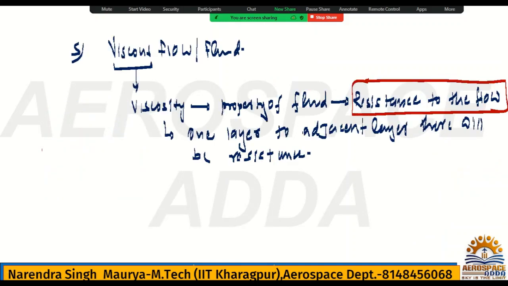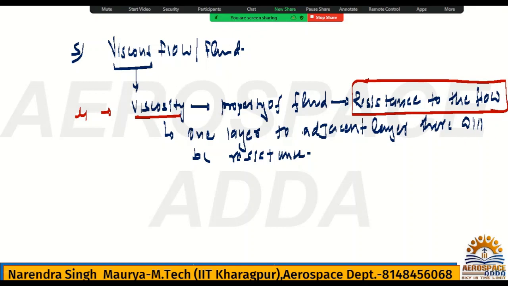Resistance to the flow indicates viscosity, denoted by mu. Two types of viscosity you have: dynamic viscosity and kinematic viscosity. That I will tell you later on. I believe you know fluid mechanics. Anyway, resistance to the flow is called viscosity.